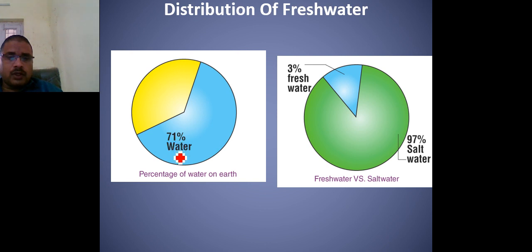As for fresh water versus salty water, 97% is salty water which cannot be drunk, and only 3% is fresh water, which we normally use for drinking purposes.